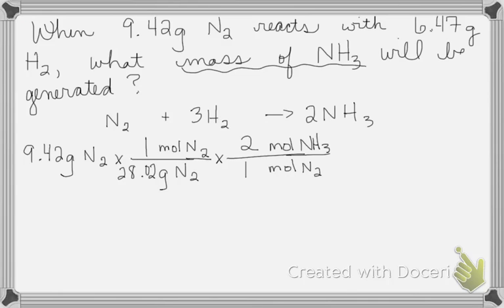Now what? Do y'all want to stop it there, or do you want to go ahead and convert it to grams? Because the question says what mass of ammonia? Okay, so let's go ahead and convert to grams. How do I do that? What goes on the bottom? 1 mole of ammonia on the bottom. And the top?